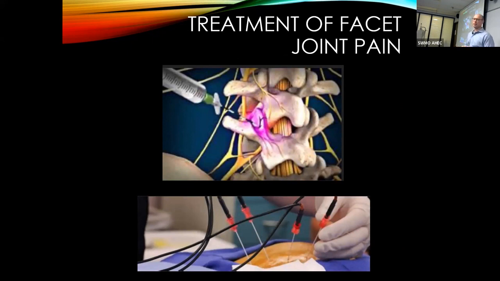That's called a rhizotomy. So keep that in your differential, because more commonly, back pain is caused by the facet joints than it is the disc. So if we treat the disc and just the disc and leave the facet joints alone, they're still going to have back pain.